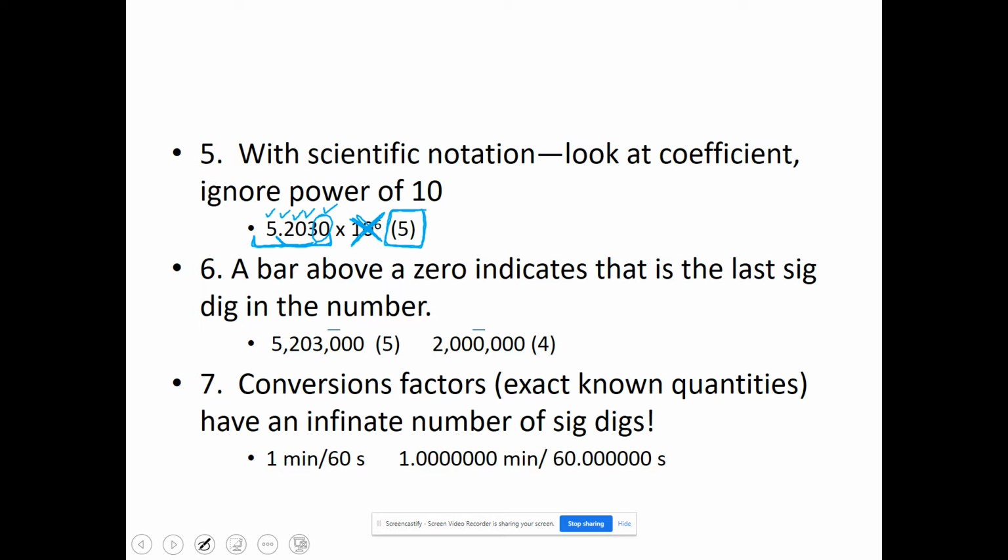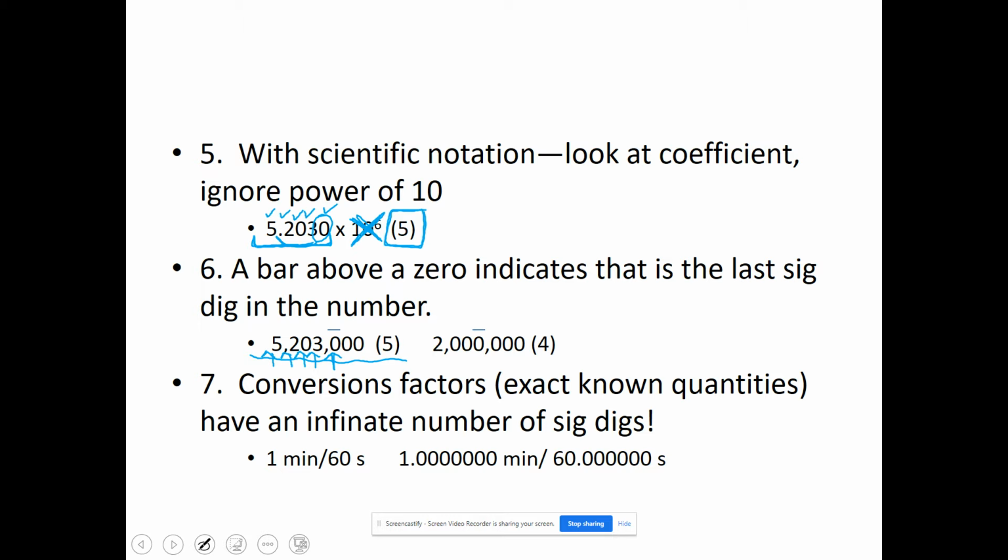So in this number, 5 million, if we wanted to round it to the nearest hundreds spot, but they're all zeros, or we wanted to round it to 5 sig digs, so if you count 5 sig digs, 1, 2, 3, 4, 5, that would get you right there. There's our 5 sig digs.